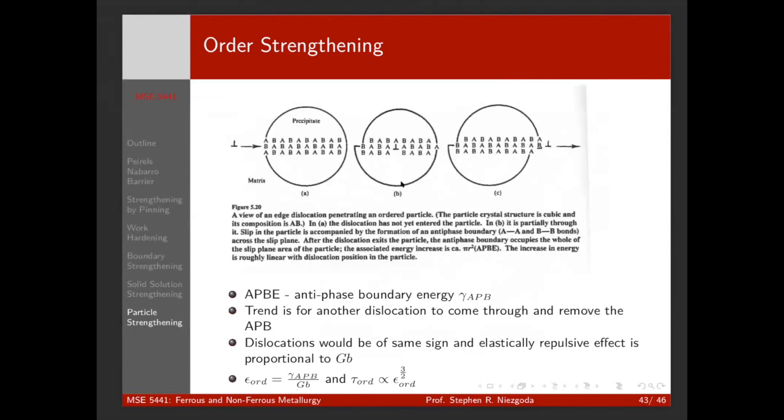Order strengthening, we don't need to worry about this too much in aluminum, except in the equilibrium phases, but those aren't of technological relevance anyway. So are you likely to see a question on order strengthening in aluminum on the exam? No. You might see a question about whether it exists, like what are the main mechanisms behind particle strengthening, but you won't see it in connection with an aluminum alloy.